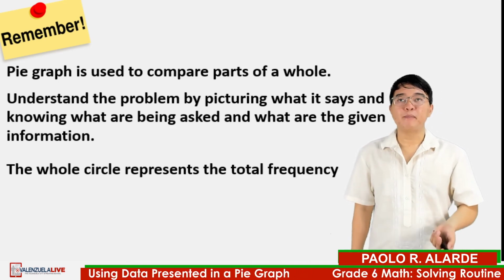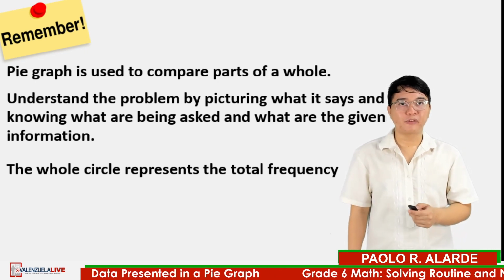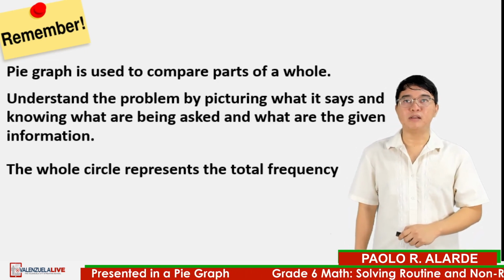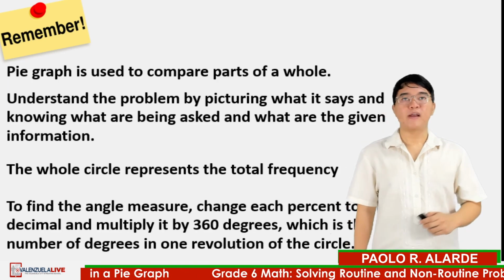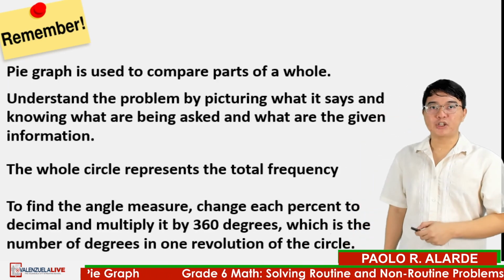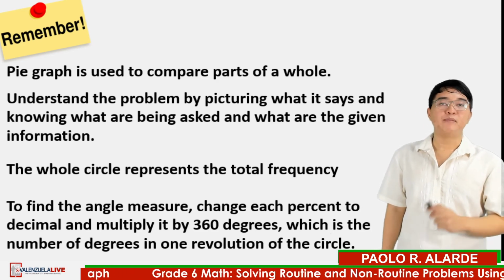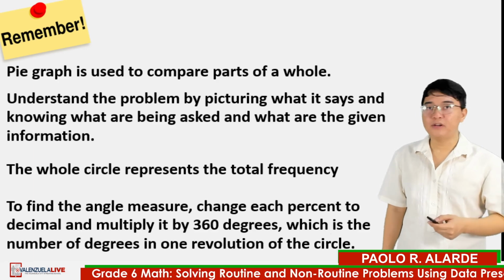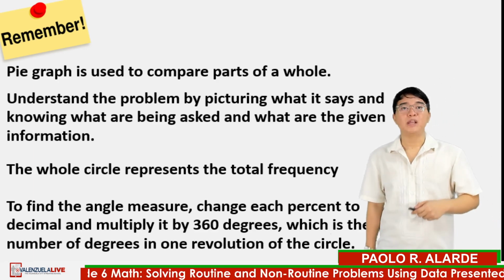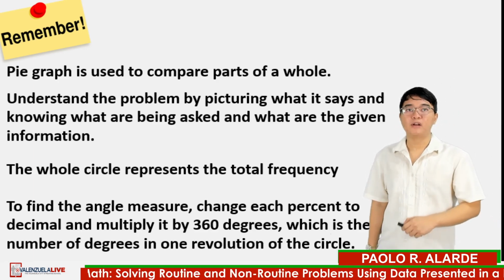And remember that the whole circle represents the total frequency or the total population. And to find the angle measure, change each percent into decimal and multiply it by 360 degrees. 360 degrees is the number of degrees in one revolution of a circle.